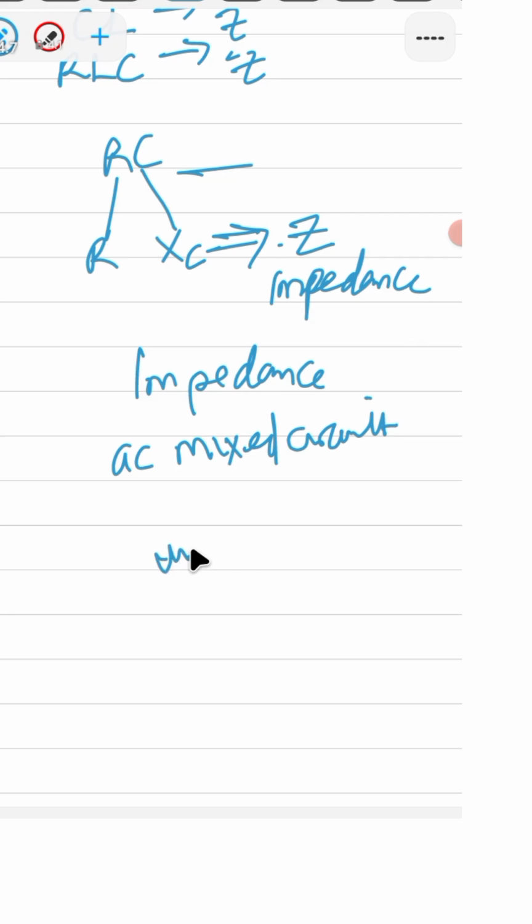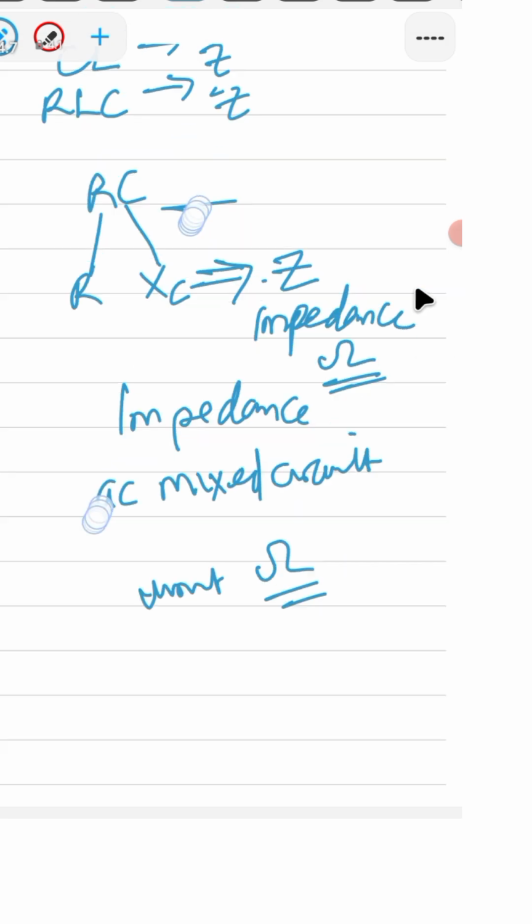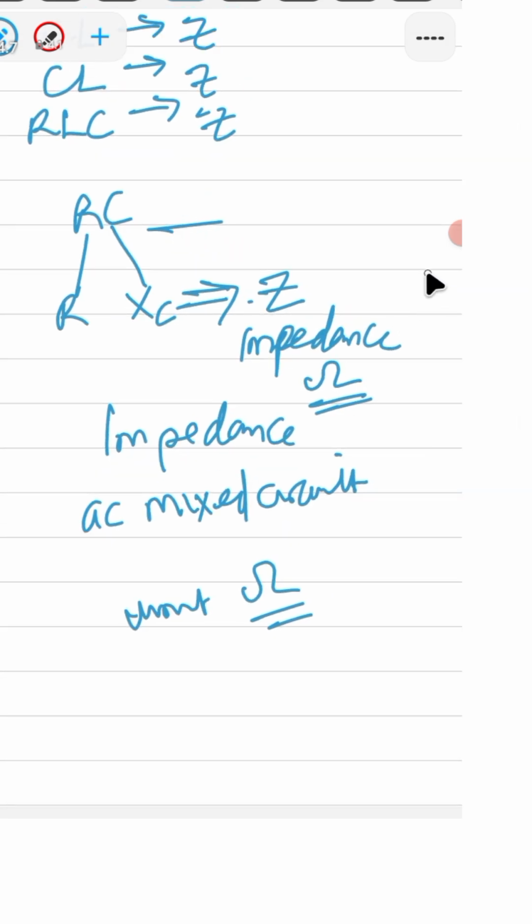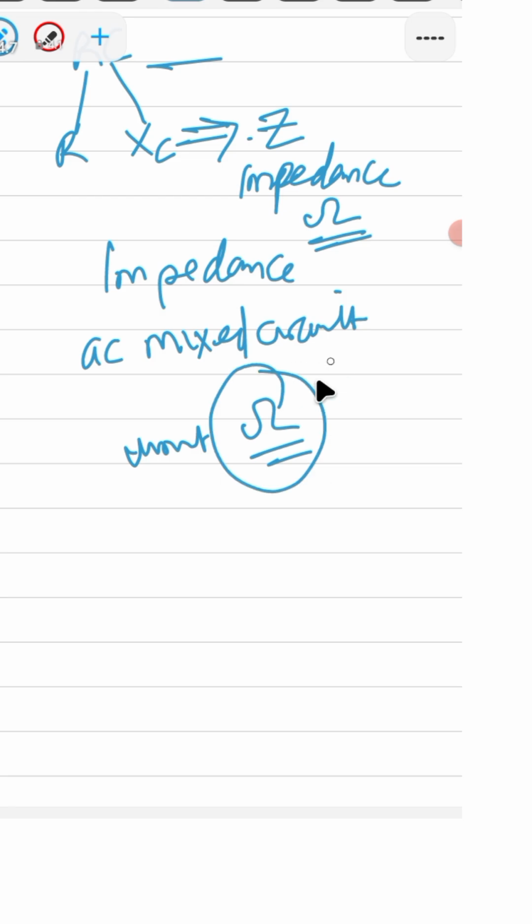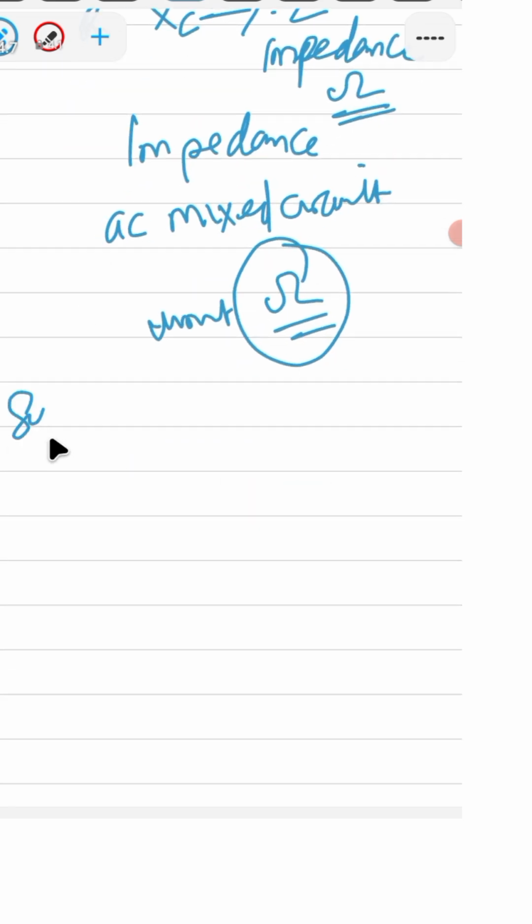Then the unit of impedance is ohms. Impedance is measured in ohms. So let me take it again. Impedance is the overall opposition offered to the passage of current in an AC mixed circuit. The symbol for impedance is Z. The unit for impedance is ohms.